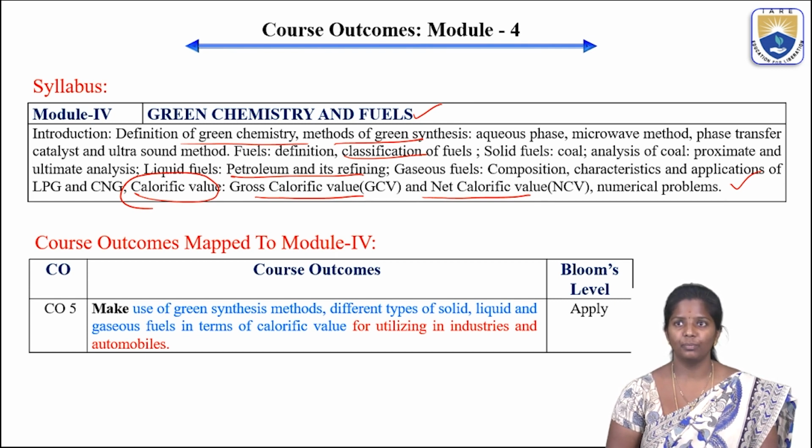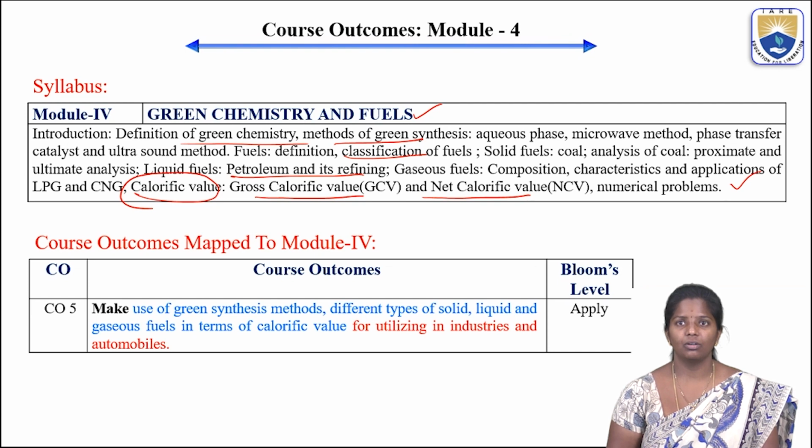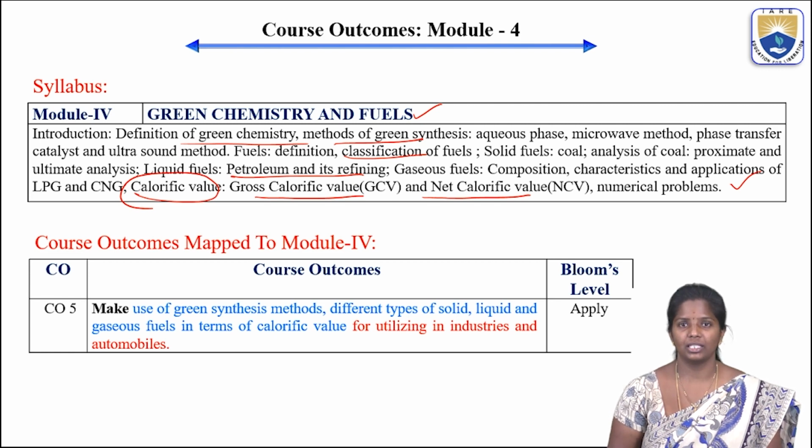The manufacturing company has had a breakdown due to the fuel that is used. Then we come across the gross calorific value or the net calorific value, which is clearly calculated before its applicability. So the engineer should have that knowledge before he goes to the practical world or professional jobs.